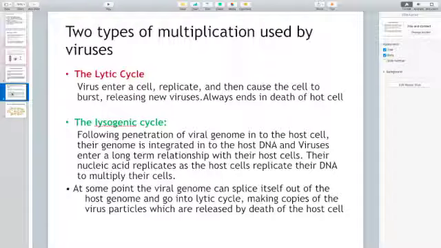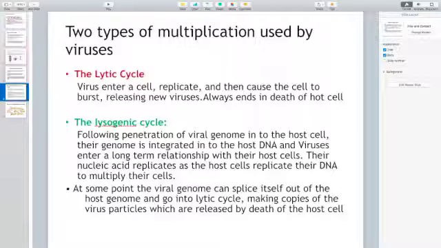There are two types of multiplication methods used by viruses. The first one is called the lytic cycle, which always ends in the death of the host cell right away. The second one is called the lysogenic cycle. In this case, the virus lives inside the host cell by integrating its genome into the host genome and becomes part of it for various generations.